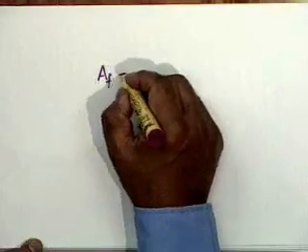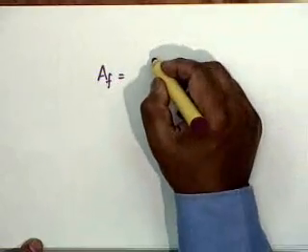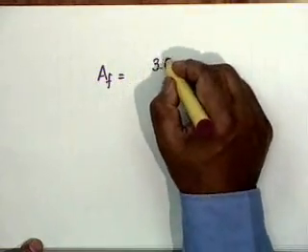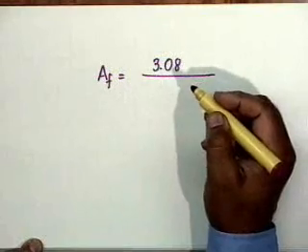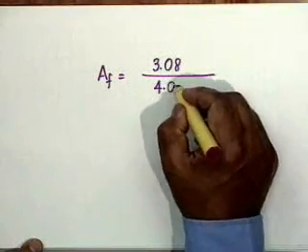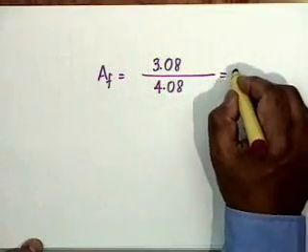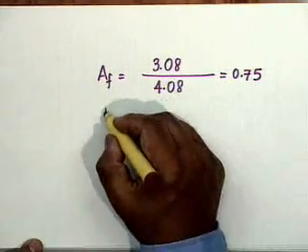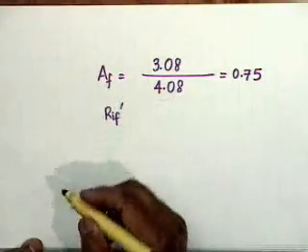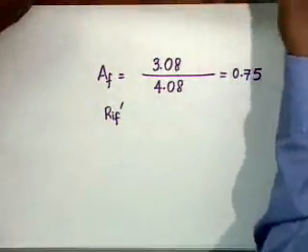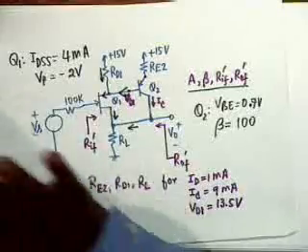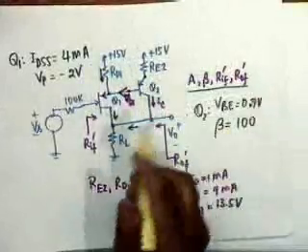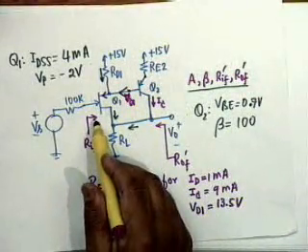AF, the feedback gain, is 3.08 divided by 1 plus A beta, so 4.08. It is less than 1, it is 0.75. Now RIF prime. If I go back to this circuit, I don't require any calculation to say what RIF prime would be.